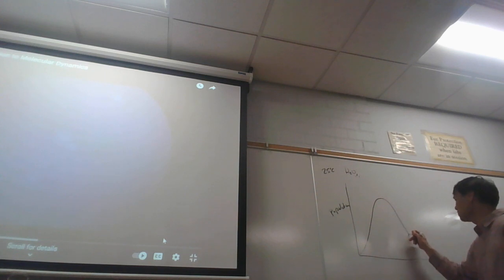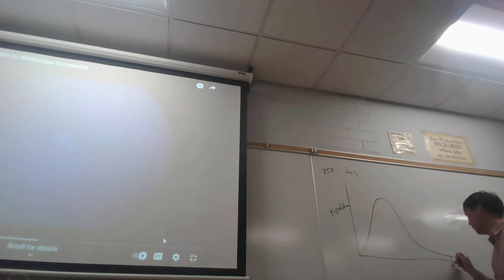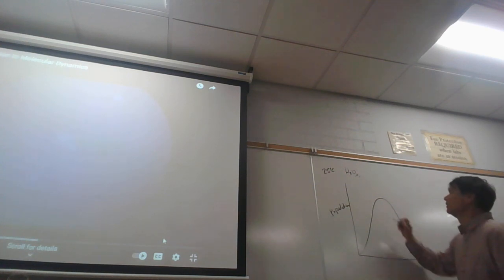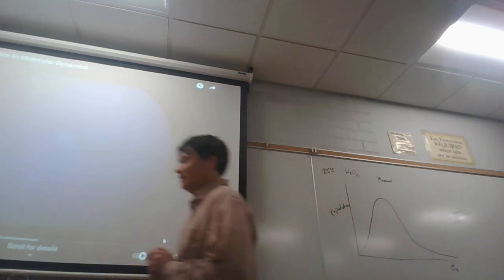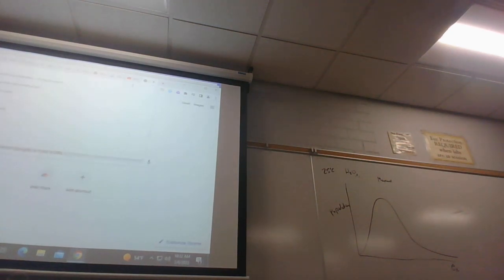But it kind of looks like a bell-shaped curve with a high energy tail. Not everybody calls it Maxwell Boltzmann. Actually, let's take a look. Here. We call it a distribution.